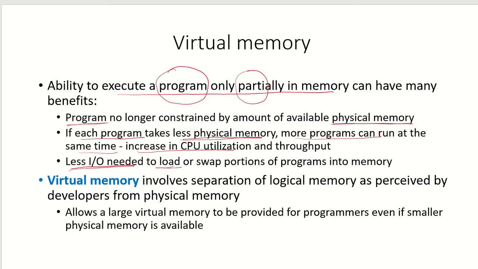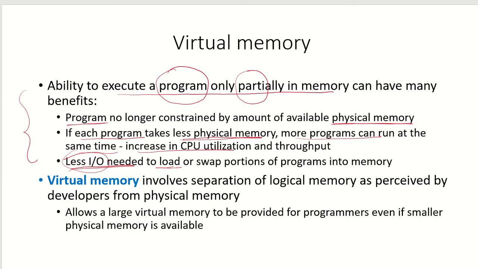When a program is currently on hold, that means it is doing input output, so it is blocked or suspended, it can be taken to the swap portion of the disk space, and then less IO is needed because we have taken only a part of the program to the memory.